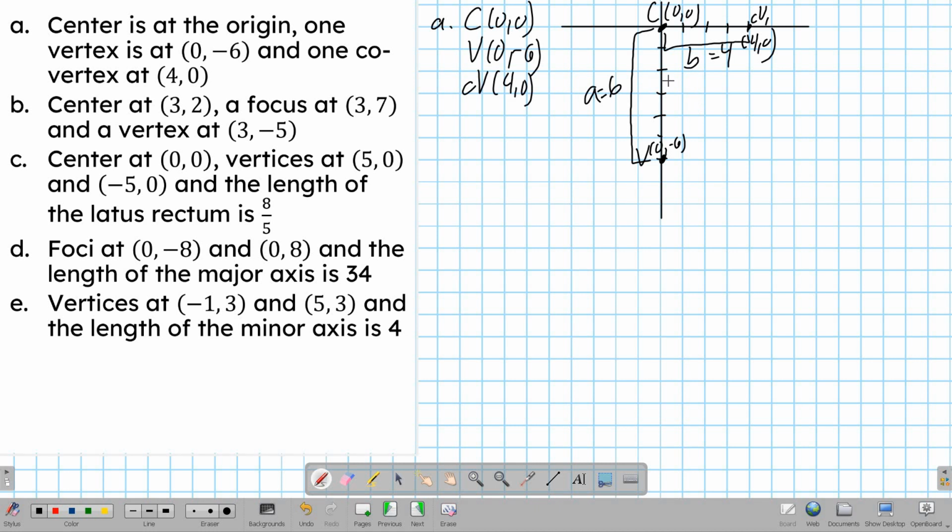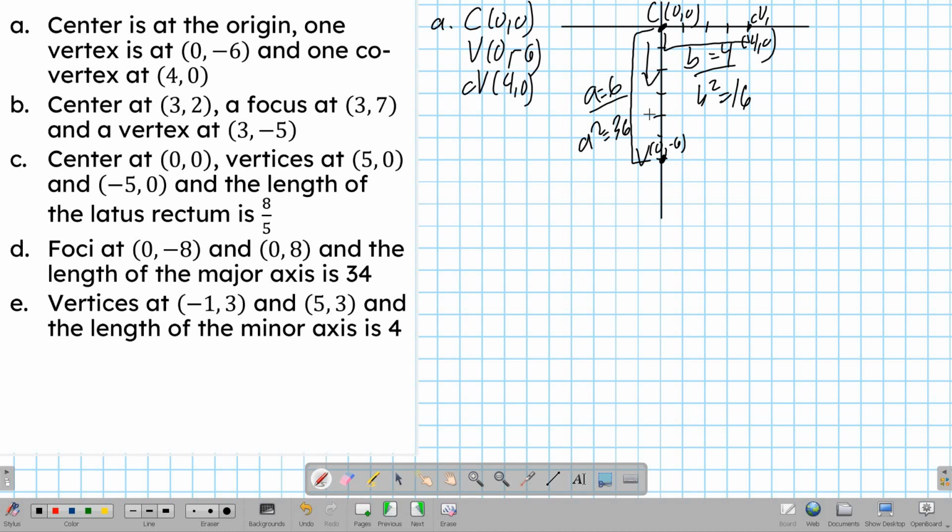So if we are to write this now, since we already have A and B, we just need to square them, so that's 36, and square this, which is 16. Now, before we write, we have to determine whether it's horizontal or vertical. As you can see, from the center to one vertex, we went down.